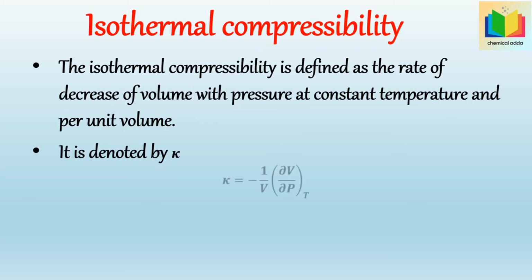Hence, kappa is equal to minus 1 by V into del V by del P at constant temperature. In this equation, the negative sign is used in order to keep the value of kappa positive, since an increase in pressure will lead to a decrease in volume.